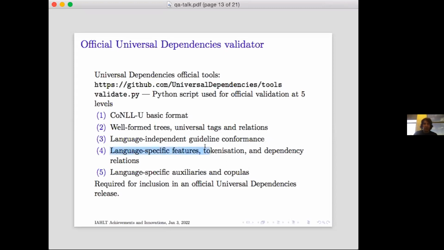So at level 4, we're checking that the features, tokenization, and dependency relations are consistent with our guidelines. And then level 5 is checking that we are correctly labeling auxiliaries and copulas.